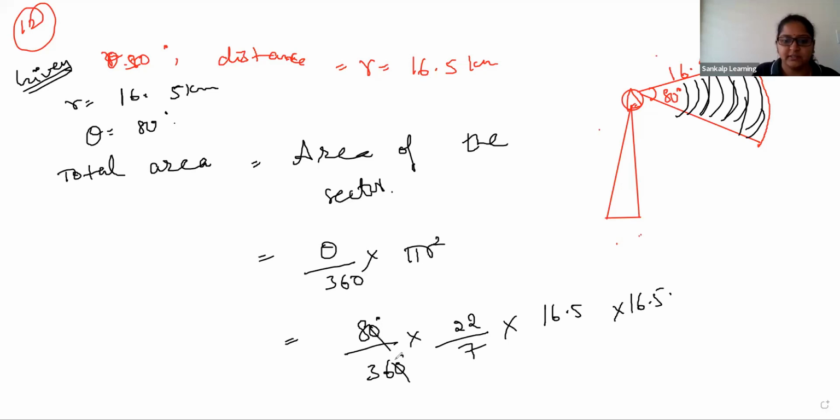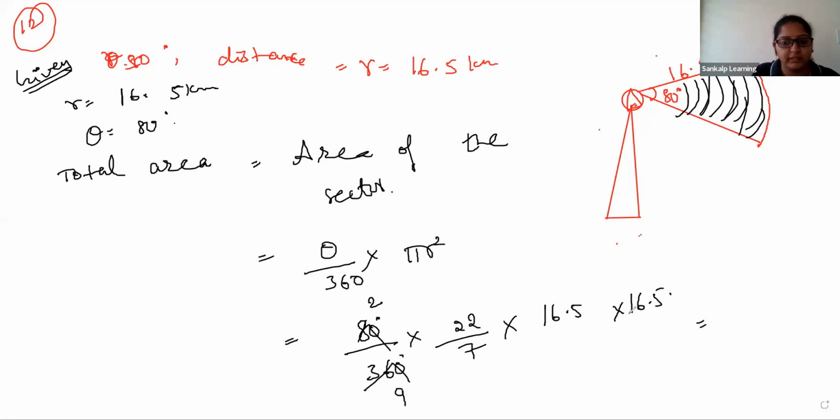So 0, 0 cancel. 8 ones, 4 twos, 4 nines. Correct? Next, no, it is not divisible. So I will write the answer directly.